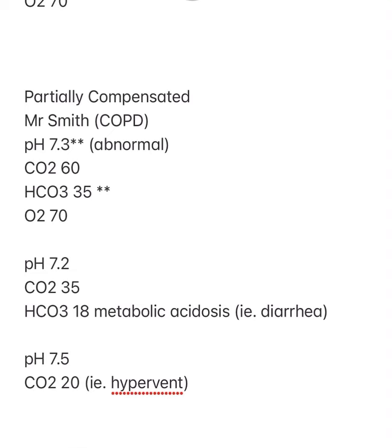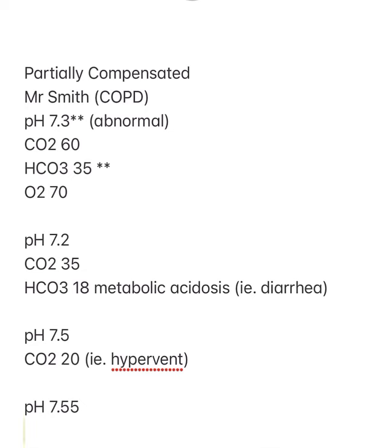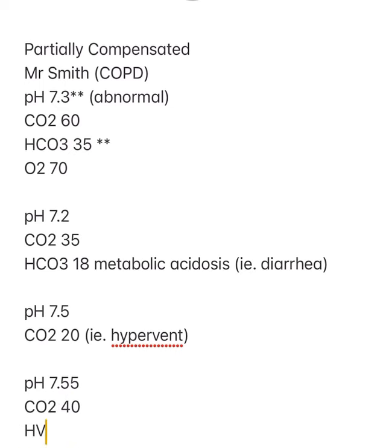Another reason why the pH can be high, let's say 7.55, if the CO2 is normal, we'll say the CO2 is 40, but the bicarb is high. We'll say the bicarb's 35.